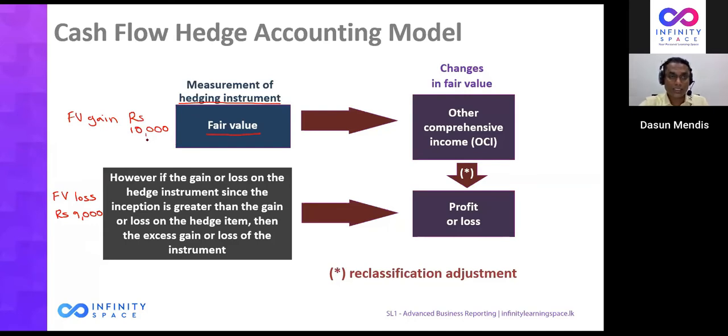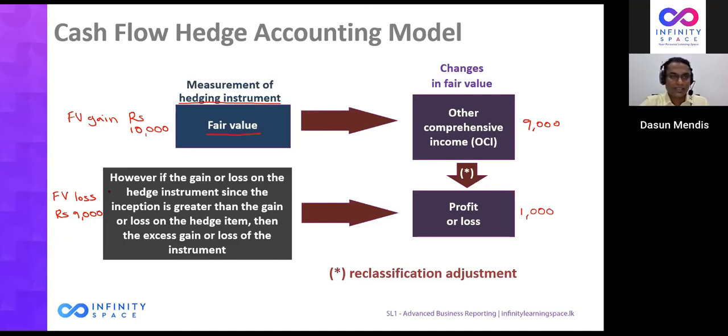If this is the situation, normally you fair value the hedge instrument and the value gains and losses are taken to the other comprehensive income. But in this situation, the cumulative fair value gain of the hedge instrument is higher than the cumulative fair value loss of the hedged item. So out of 10,000, you take 9,000 to the other comprehensive income. The 1,000 is the excess fair value gain compared with the fair value loss of the hedged item, and that excess amount you take to the PL.